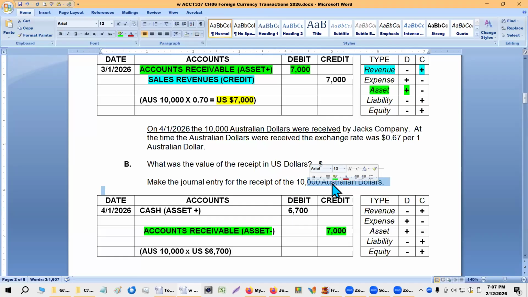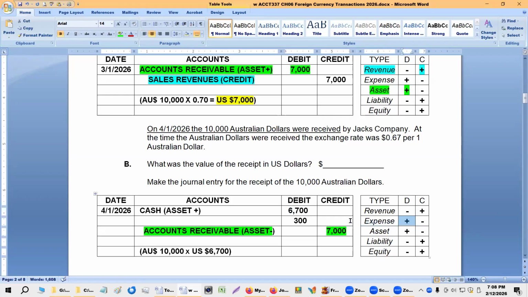Let's think about this. Now this is going to be a transaction gain or loss. Which one is this going to be? Loss. Yeah, good. We had it on the books for 7,000, but by the time we got paid, it was less. So we need to have a debit to balance this out. And by the way, a loss is similar to an expense. It's money going out basically.